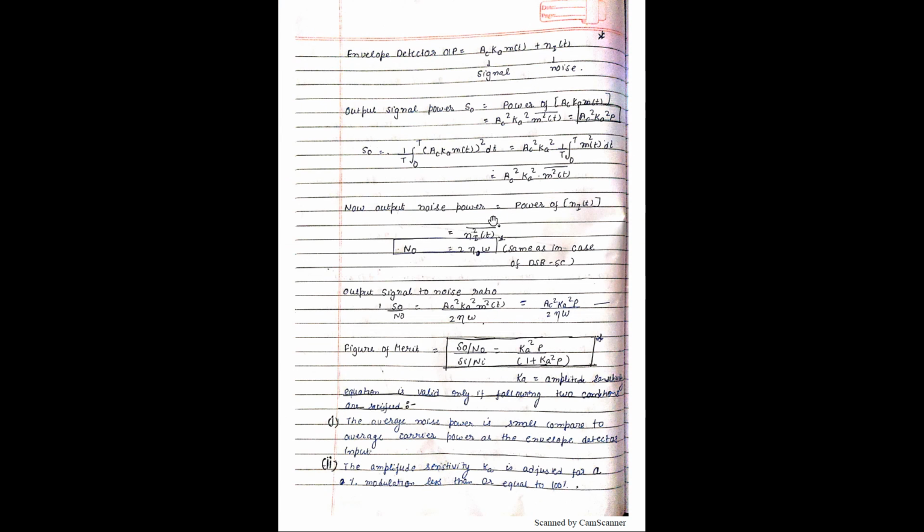So now we will find the figure of merit in case of single tone modulation. Single tone means only one frequency is present. What will be the figure of merit? Just put the power of m(t) as A_m square by 2. Here again put the value of k in this. What will be the output? Mu square upon 2 plus mu square. What is mu? Mu is the modulation index.